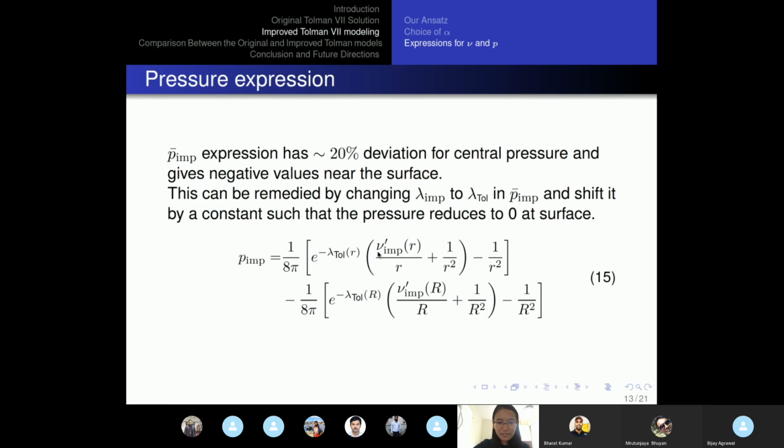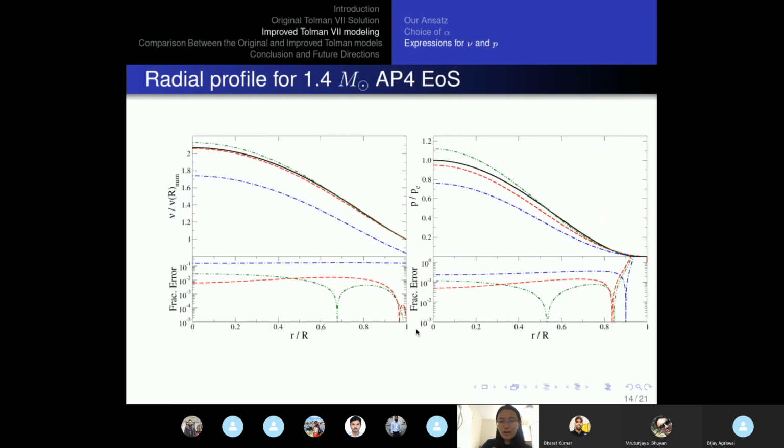So here we just modify this expression to make it one which satisfies the Einstein equation and also vanishes at the surface, and that's how equation 15 came about. You can see that this e to the lambda is the original Tolman lambda, and we also have this constant to shift the profile to zero at the surface. And then that's our result.